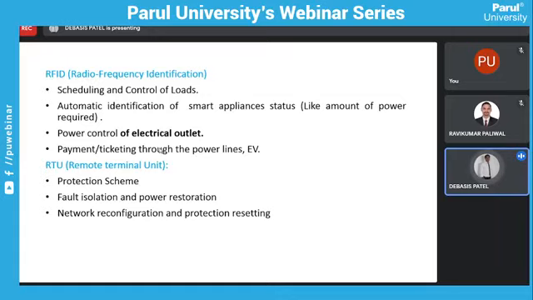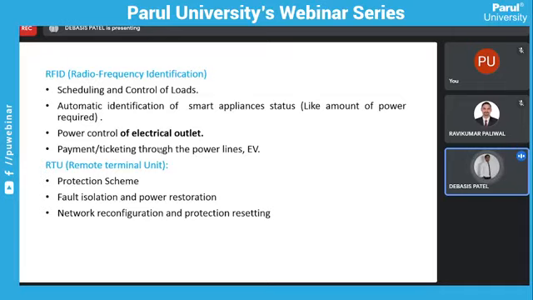You are trading the electricity, meaning some industries are buying electricity from our central outlet. In that also your RFIDs are used, meaning individual consumers are identified by RFID chips. Similarly, payment and ticketing through the power lines, and electric vehicles, are also possible through RFID. Payments and all the ticketing procedures are helped by RFID.